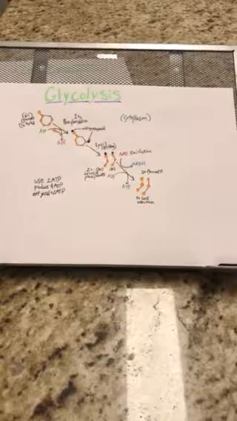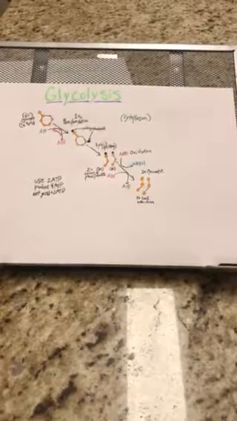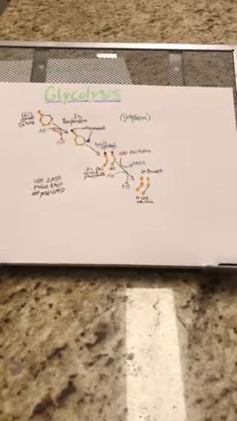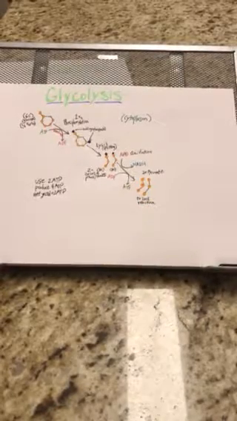The 6-carbon molecule is now unstable. This molecule splits into 2 triose phosphates, 2 3-carbon molecules, as a result of this instability. Next, NAD is oxidized, becoming NADH.